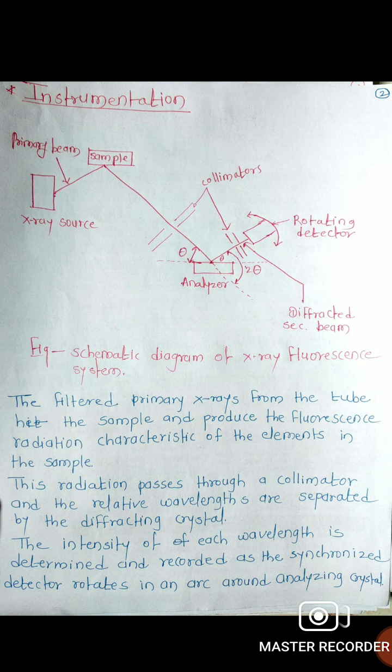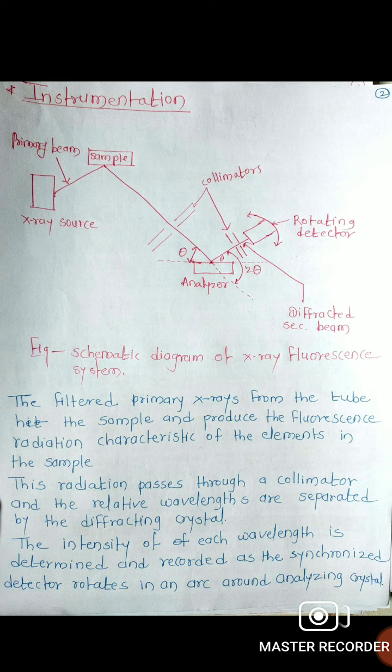When this X-ray radiation passes from the collimator and falls on the analyzer, some is diffracted towards the rotating detector. The rotating detector is adjustable. It rotates on the side to which we pass the radiation, it is movable.